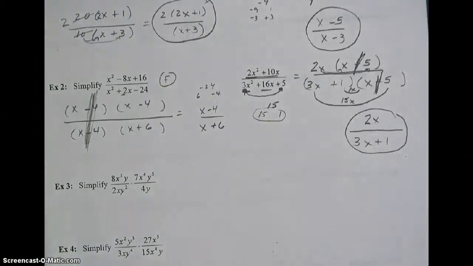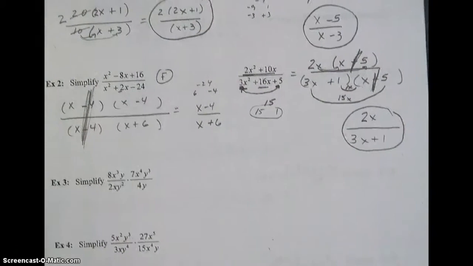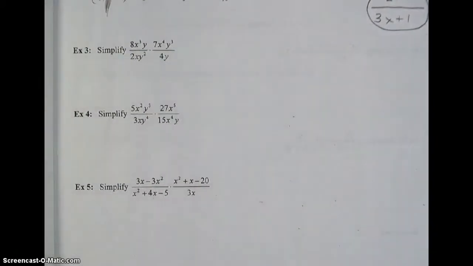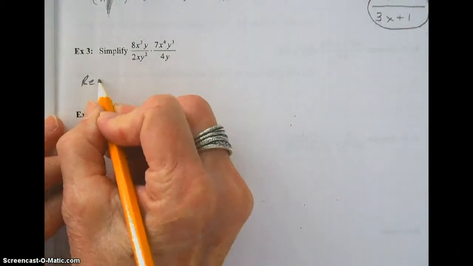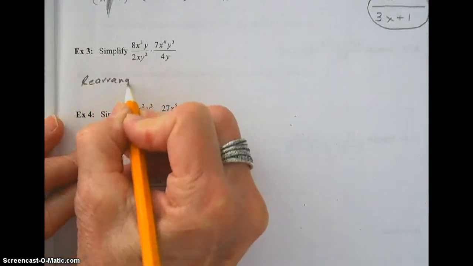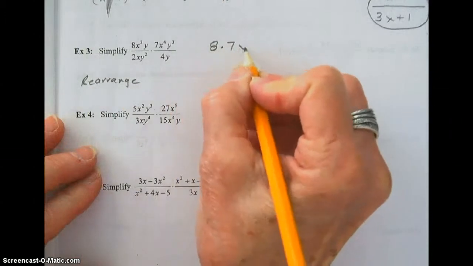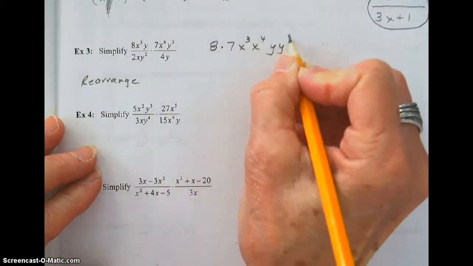Now the rules for multiplying, problems number 3 and 4, should look a little different. If we have all multiplication, what we want to do is rearrange. And what I mean by rearrange is we want to put all our numbers together, all of our x's together, all of our y's together.